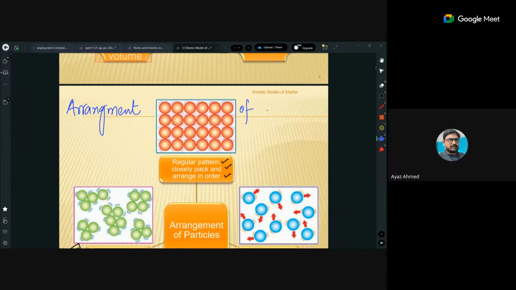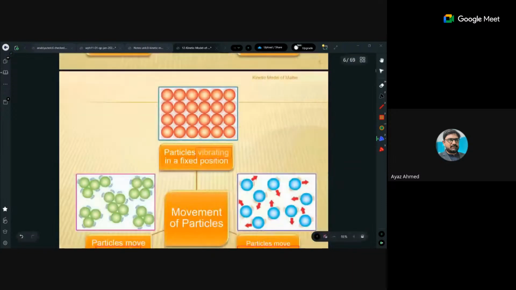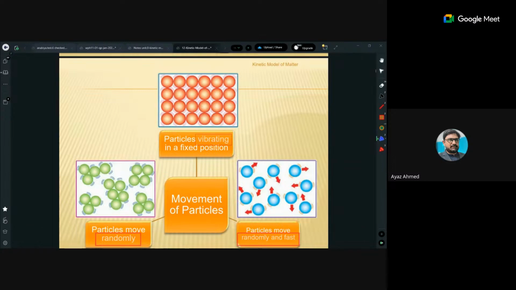And in the third slide, we talk about the motion of atoms or molecules.